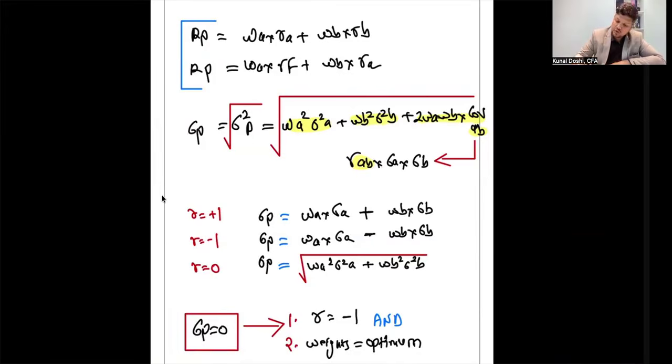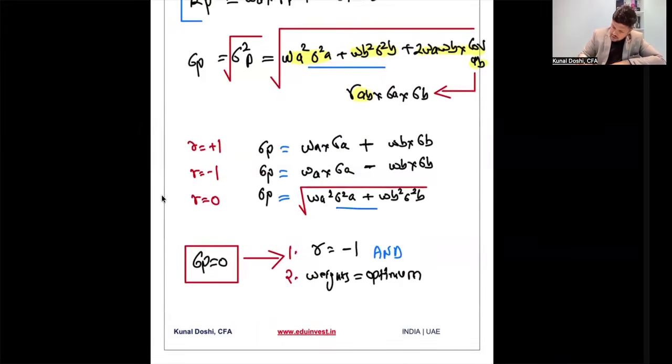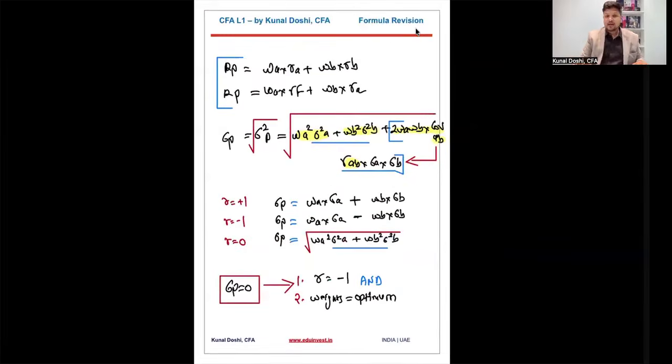What about the first two? They will remain as they are, right? Only the third component becomes 0, because correlation is 0. Got it? Clear? Perfect.